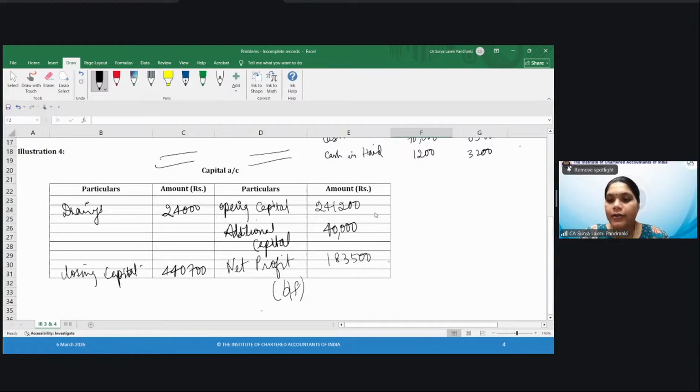I'm assuming it is right. Okay, most of you gave that. Good. So in this question, we have already calculated opening and closing capital by taking the balancing figure from the balance sheet. We have used those opening and closing capital, and the additional capital and the drawings, to calculate the net profit.